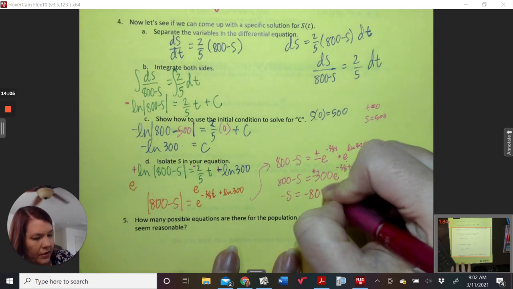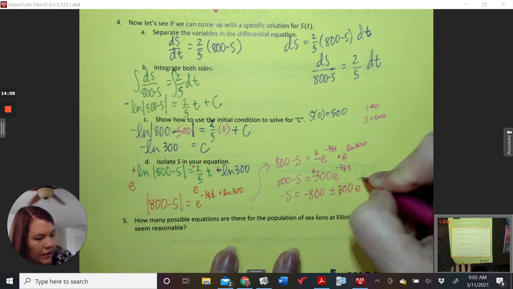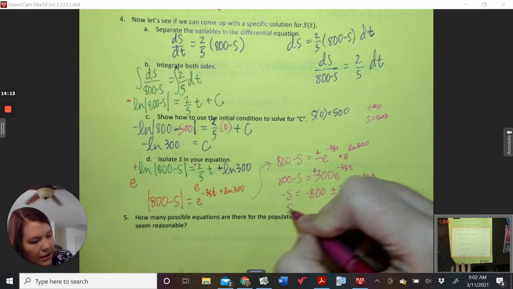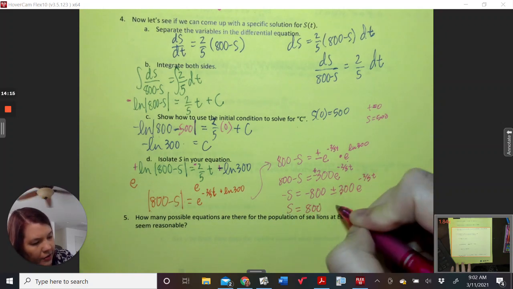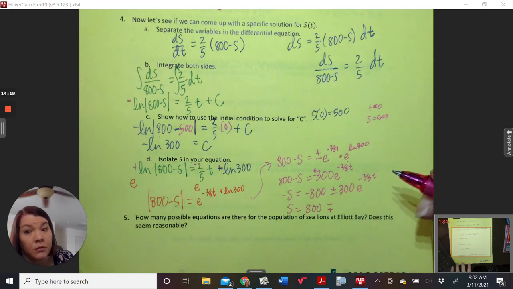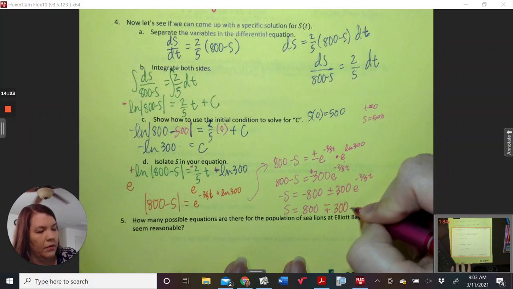Change all the signs. S equals 800 minus or plus, which is totally lame because it's still plus or minus, but it's minus or plus now. I changed all the signs. This is stupid, but I wanted you to see that the signs changed, so I'm going to switch it back.